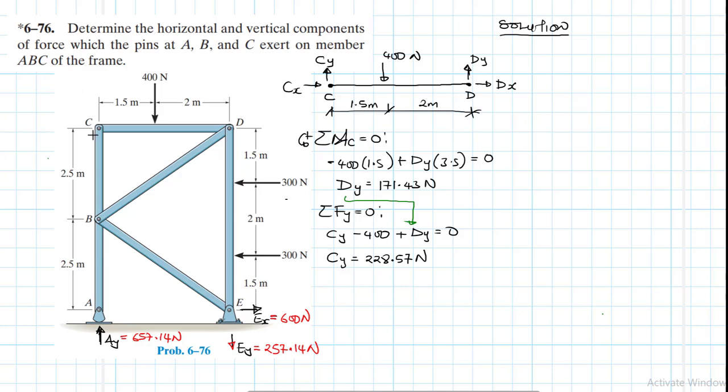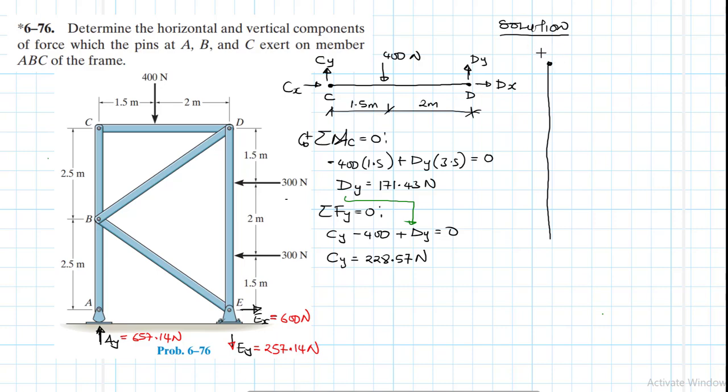So with this information, since we have the reaction at C, only the vertical one, what we need to do now is to draw the free body diagram for ABC. So it will look like this. It's a free body diagram for ABC.